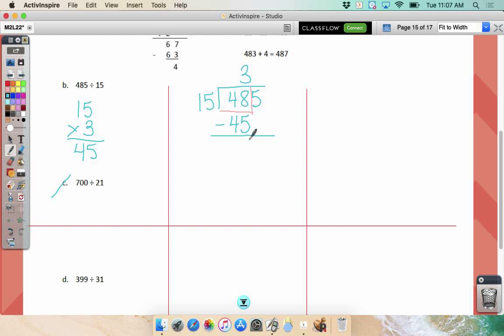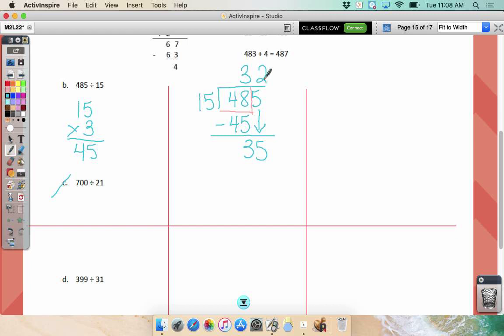And then subtract. Okay. Can I bring down my 5? Yes. All right. Now I already know that 3 is too big. So what am I going to have to use? 2. A 2.